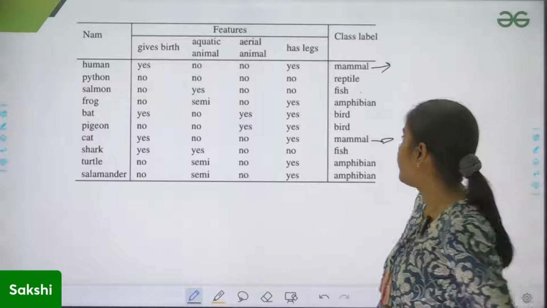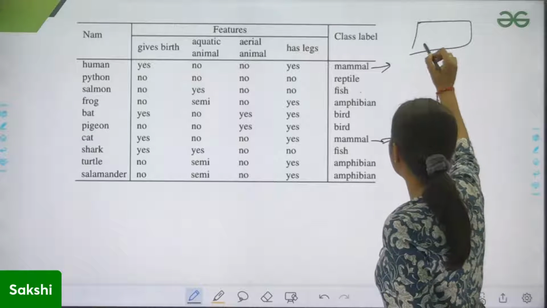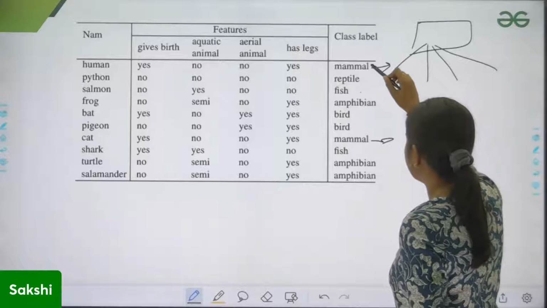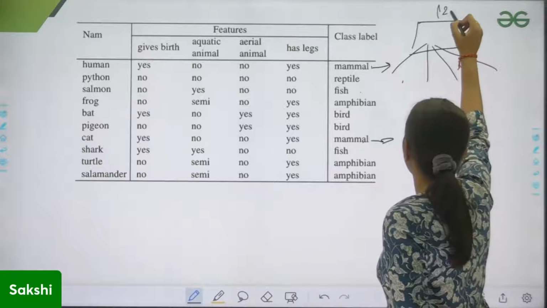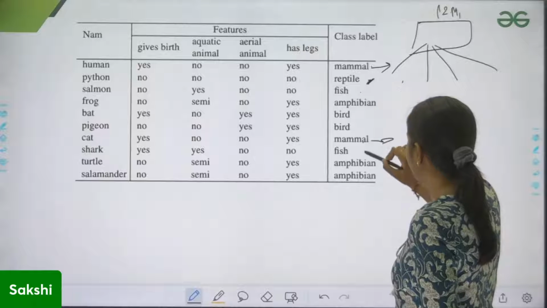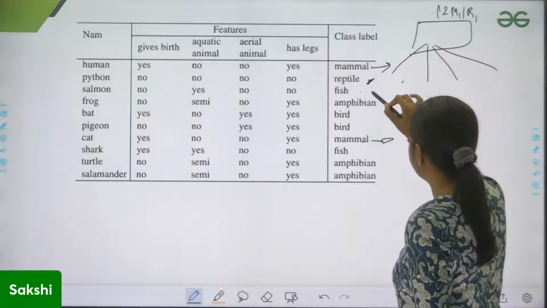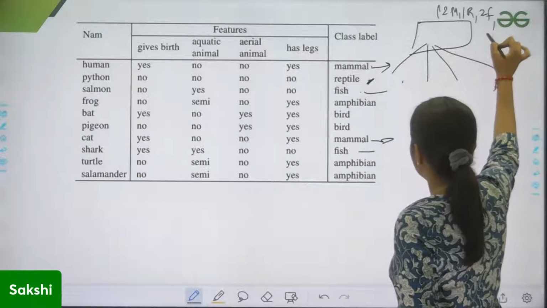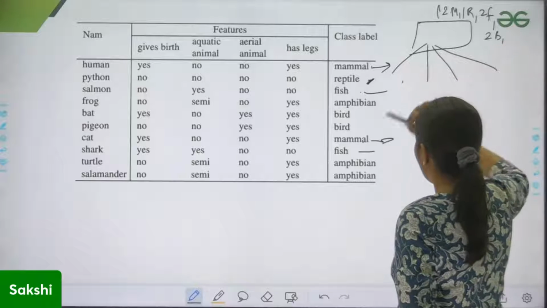So basically here you have to find out, let's suppose here the class label is, so that means you have to divide it into mammal. So we have two mammals, one reptile, two fish, two birds, and how many amphibians?